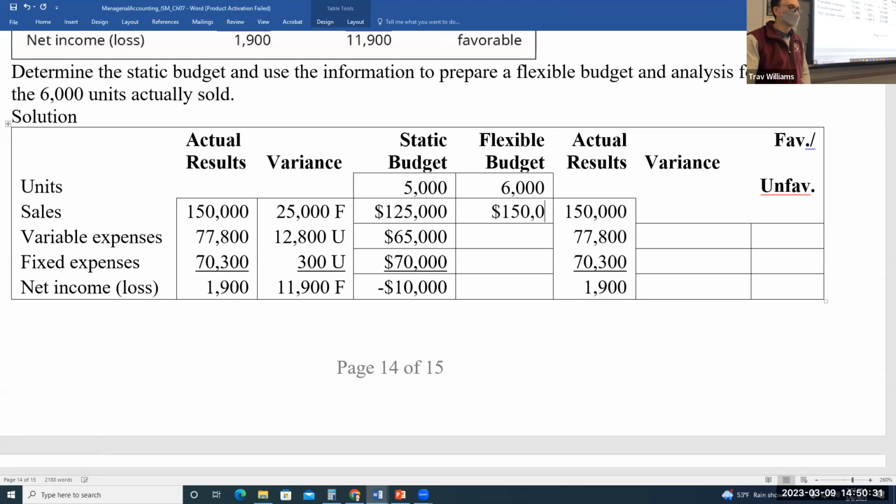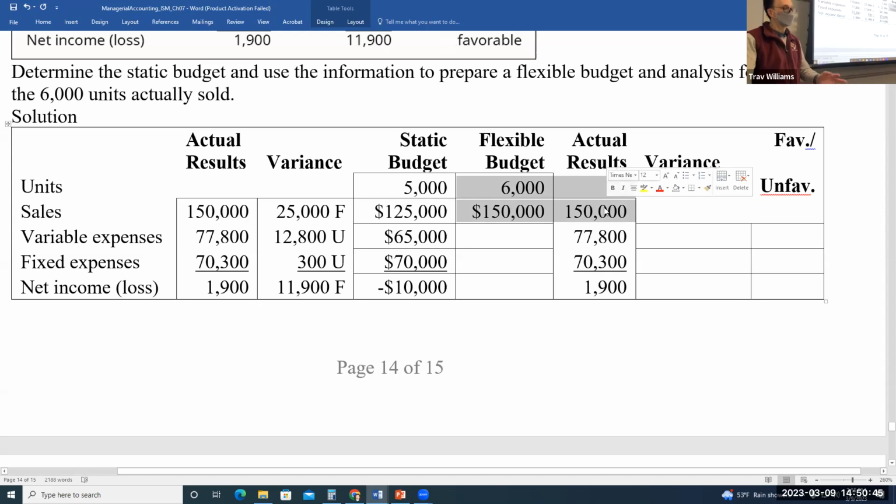Which makes sense if we didn't change our sales price, then our flexible budget, which is based on the number of units we sold, should match our actual revenue. However, we don't know what's going to happen with the costs. So we have to use a similar approach here. If our variable costs were 65,000 based on 5,000 units, we'll do the same thing that Drew just mentioned.